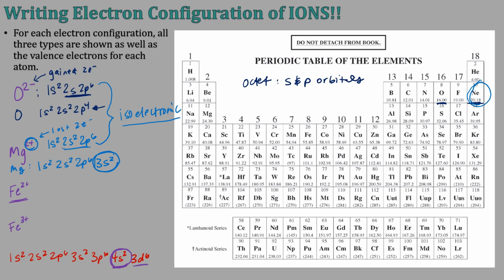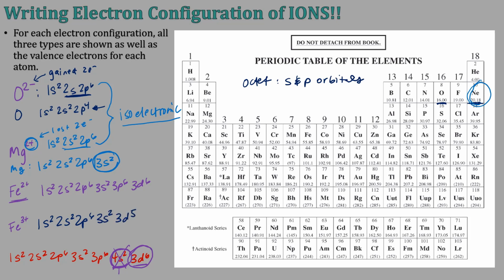So if I write the electron configuration for iron 2+, it would be 1s2, 2s2, 2p6, 3s2, 3p6, 3d6. So the fourth energy level goes away completely because it loses 2 electrons. Now iron 3+ is going to lose those 2 electrons as well as one of the electrons from 3d. So it would look like 1s2, 2s2, 2p6, 3s2, 3p6, 3d5.